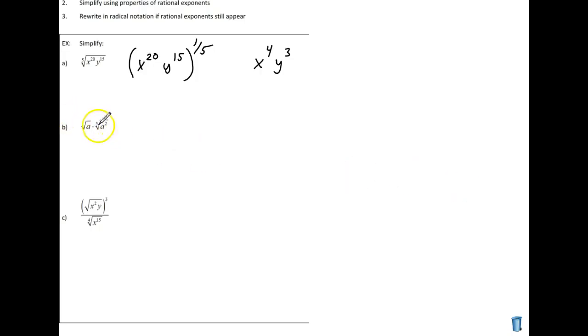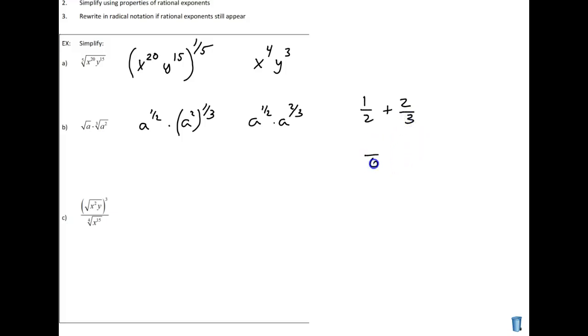Okay. In this next one, the square root of a is a to the 1/2. And here I have the cube root of a squared, so that's a squared to the 1/3 power. So that gives me a to the 1/2 times a to the 2/3. Well, now I have to add 1/2 plus 2/3 because it's the same base.